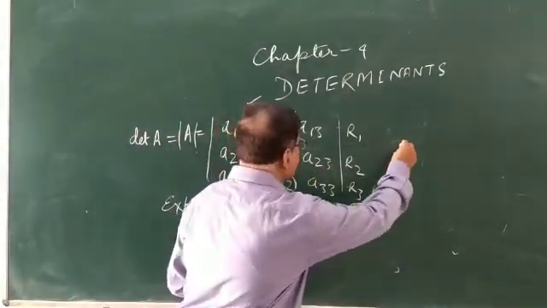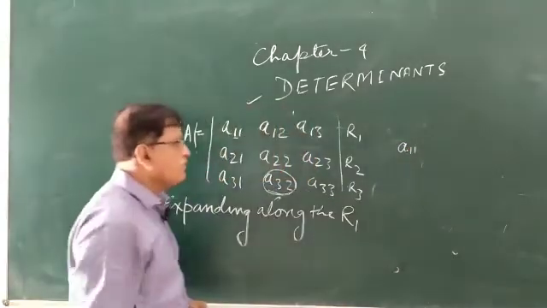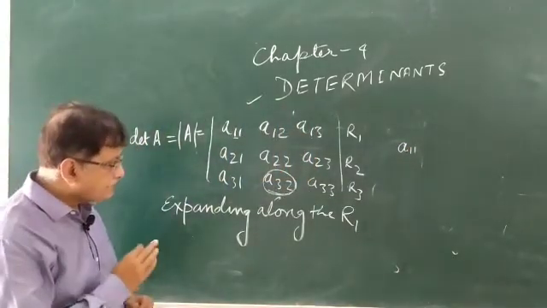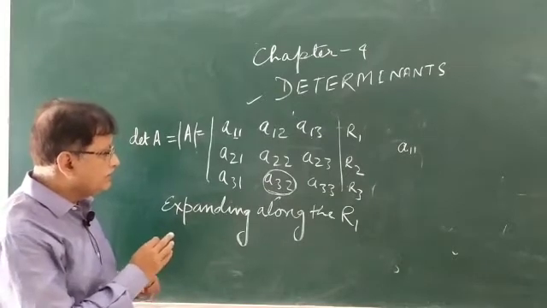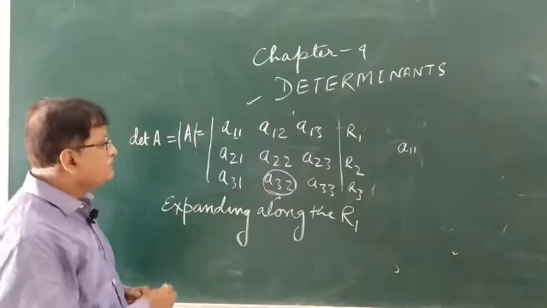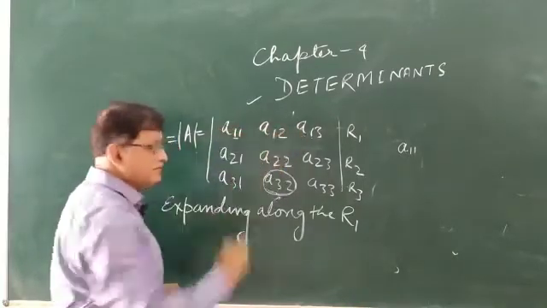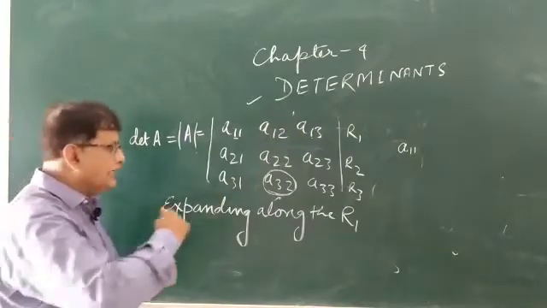Now so how to expand it? Then first you write the element of that row. The first row is first row, and the first element is A11, and then before this the first row and first column delete, not delete means just hide it.